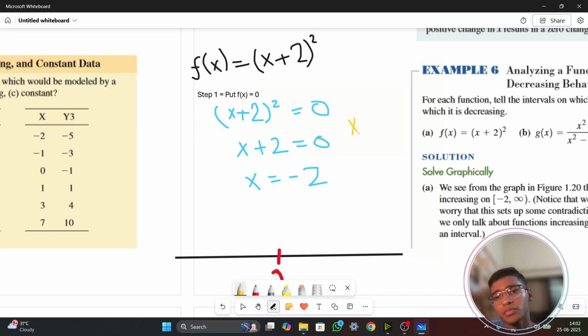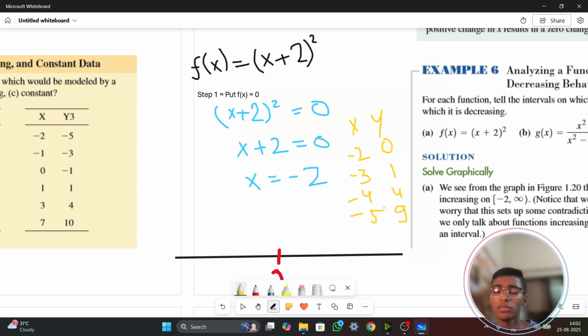Let me tell you, this is the value of x and this is the value of y. At x equals minus 2, I am getting y equals 0. At x equals minus 3, y equals 1. At x equals minus 4, y equals 4. At x equals minus 5, minus 5 plus 2 is minus 3, and squared that is 9.